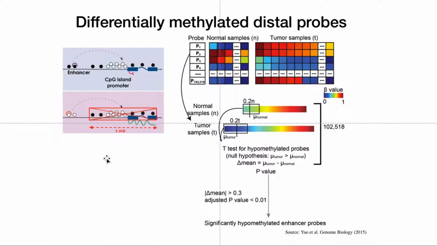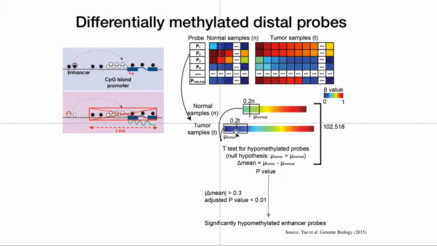Right now we have our distal probes, and for each probe we're going to compare the mean of group A versus the mean of group B using a t-test, and look at which group has a higher mean methylation level than the other. This is the example for the unsupervised mode. Imagine we are comparing probe 1. You get the DNA methylation level of all normal samples and all the tumor samples for that region, sorted, and we use the lower quantile of both groups.